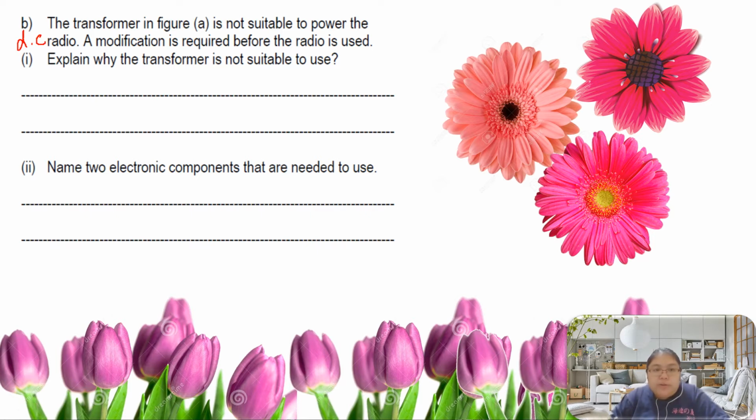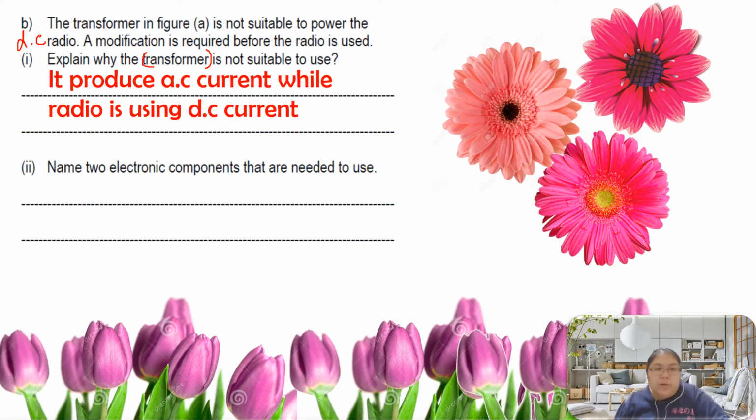Explain why the transformer is not suitable. So from here you need to explain why the transformer cannot be used on the radio. First, you must say the transformer provides what current? AC current. Then the radio is using direct current. So that's not suitable.